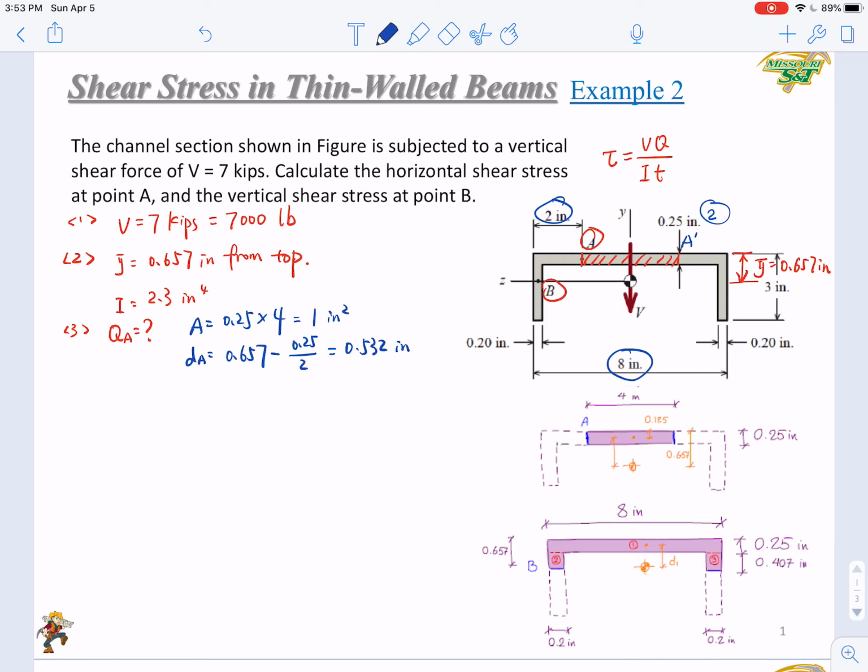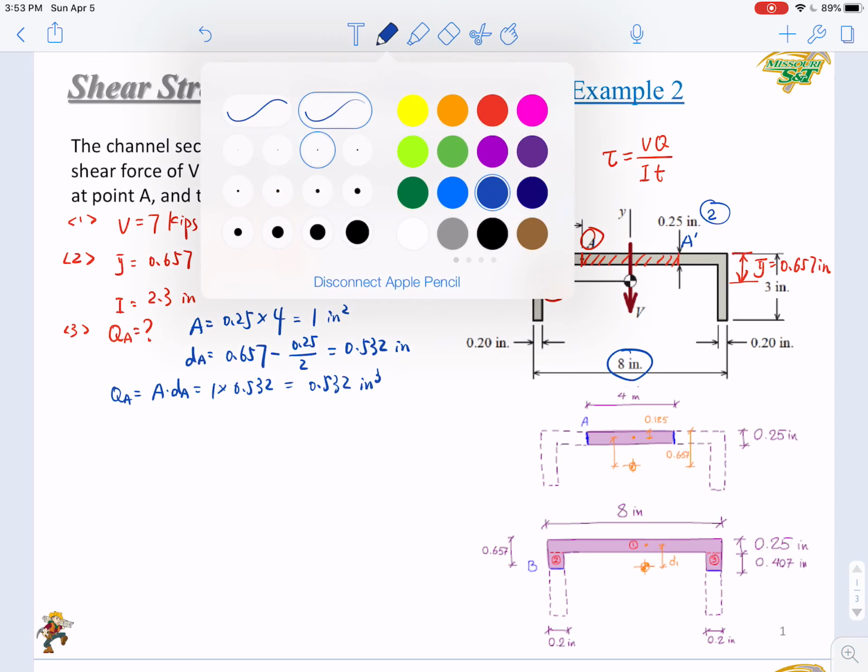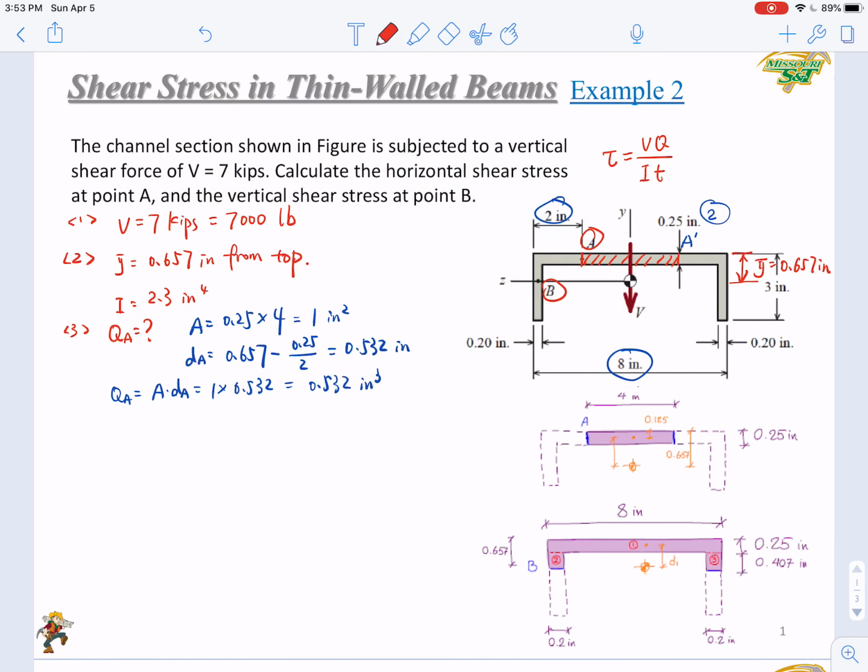So your QA can be calculated as A dA. That is just 1 times 0.532. That is 0.532 cubic inch. So now we can calculate the tau A.